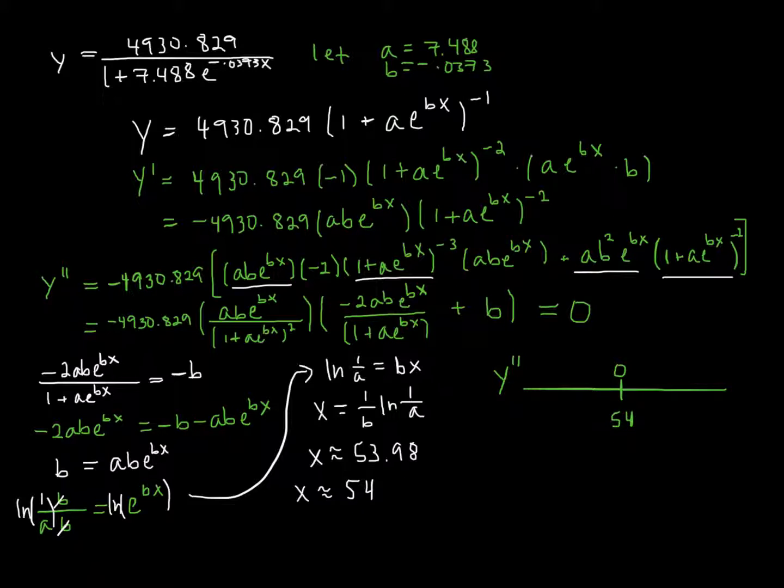I could do a very good job of approximating this on my own, but it would probably be worthwhile to just go ahead and type this into your calculator. Because we're taking e to the 0, and that's just going to be 1, this expression is just going to boil down to negative 2 times a times b over 1 plus a plus b. So go ahead and type that into your calculator and see what you get.